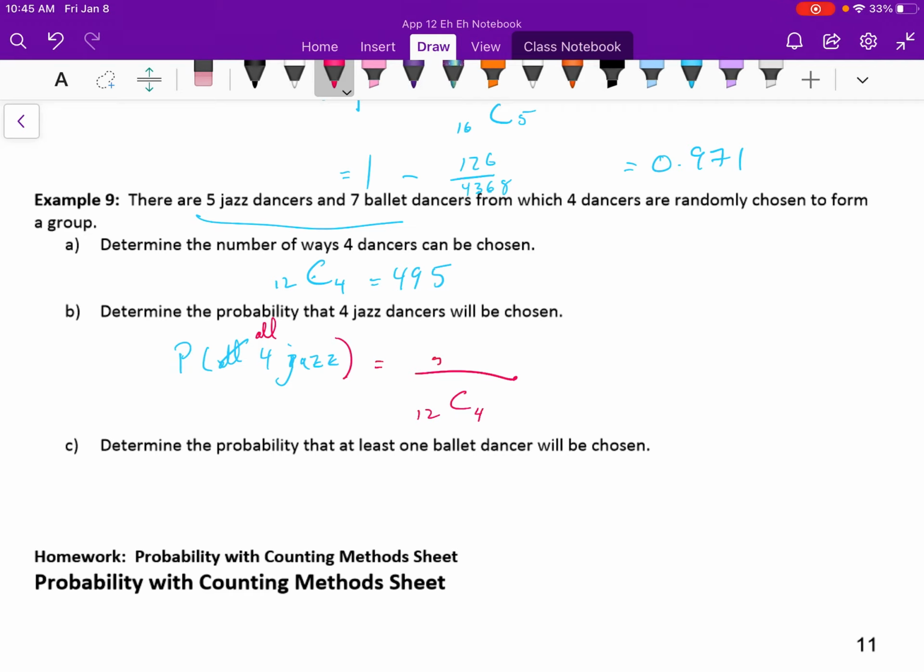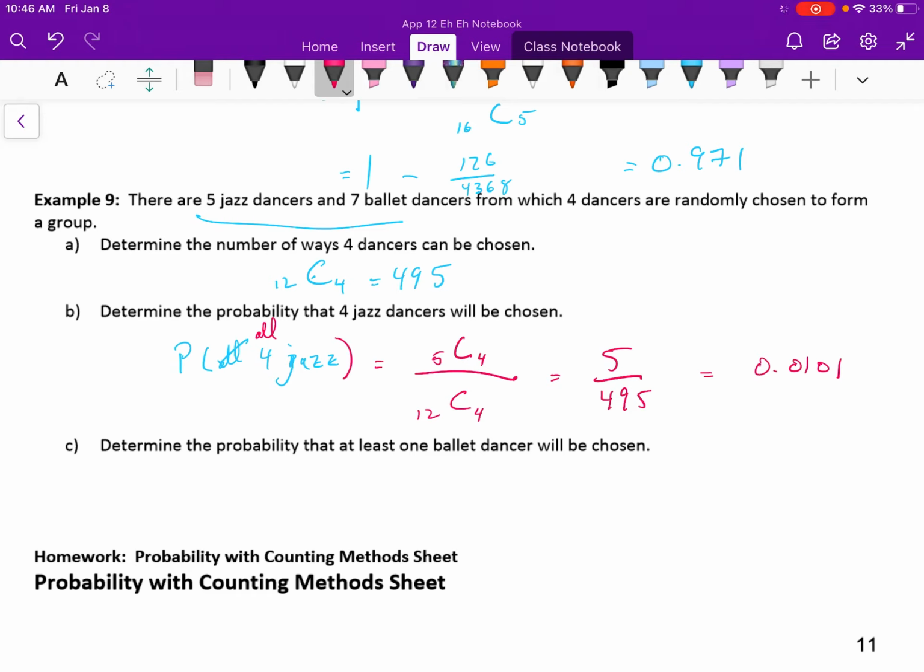The probability that everybody's a jazz dancer: I'm choosing from a group of 5 jazz dancers, choosing 4 of them. So it would be 5 choose 4 divided by 12 choose 4. And what I get is 5 over 495. Pardon me, I made a mistake there. And that is going to be equal to 0.0101.